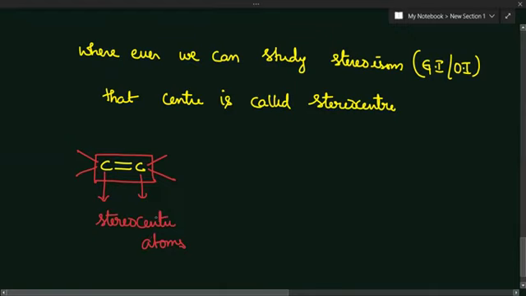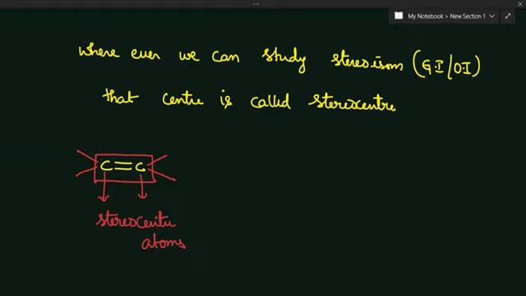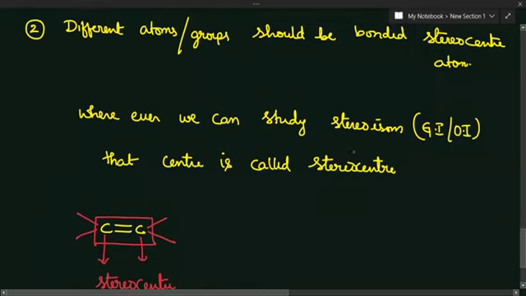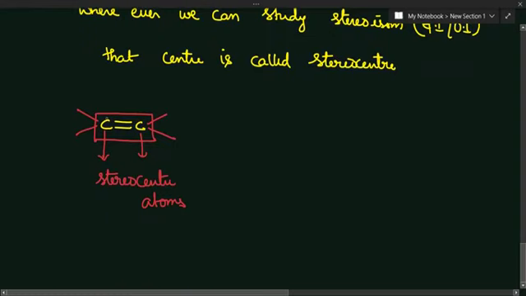Wherever you are studying geometrical isomerism or optical isomerism, that center is called the stereocenter, and the atoms are called stereocenter atoms. Now, what is condition number 2? Condition number 2 says there should be different atoms or groups bonded to the stereocenter atom. It means on this carbon there should be 2 different groups, and on this carbon there should be 2 different groups. Then only geometrical isomerism is possible.